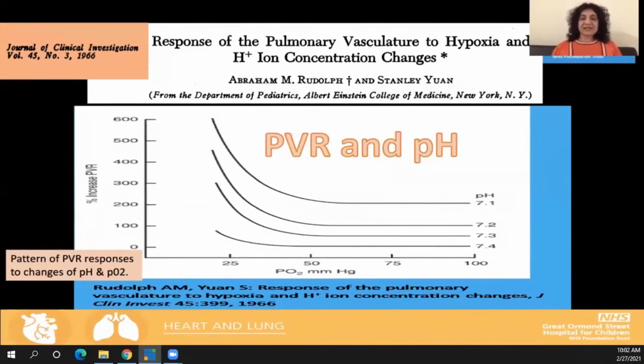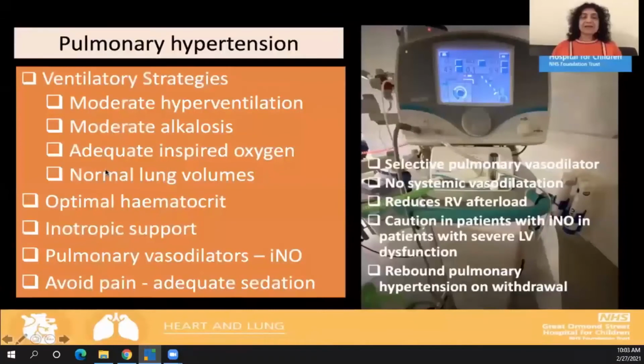You can see here that as the pH drops, the pulmonary vascular resistance increases. Now, how does one manage postoperative pulmonary hypertension? Important to use ventilatory strategies such as moderate hyperventilation, moderate alkalosis, adequate inspired oxygen, and normal lung volumes.